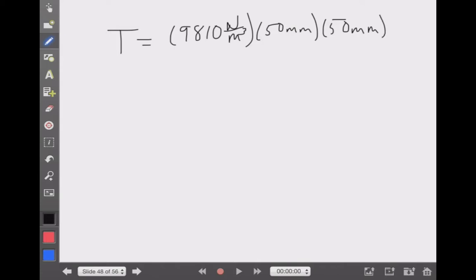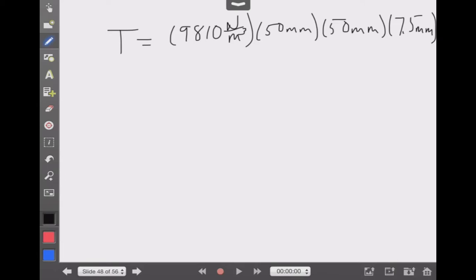So if we write that out, we're going to have the gamma of water is 9810 newtons per meter cubed, and the volume is going to be 50 millimeters times 50 millimeters times 7.5 millimeters.